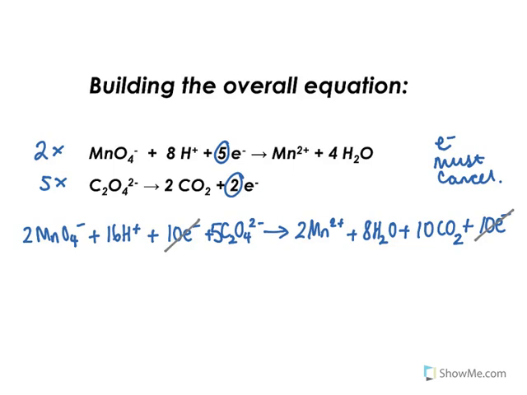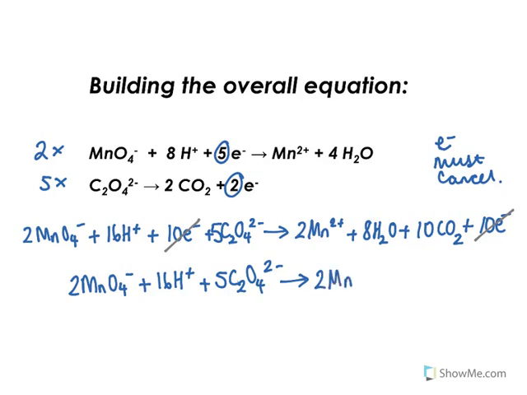So the final equation becomes 2MnO4- plus 16H+ plus 5C2O4 2- reacts to produce 2Mn2+ plus 8H2O plus 10CO2.